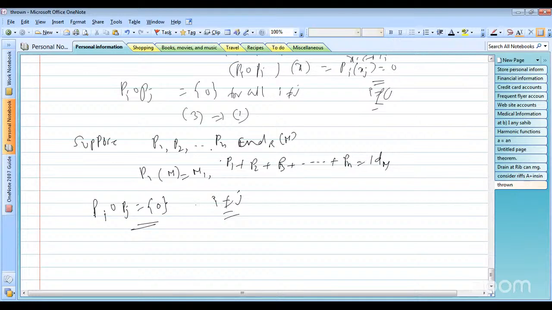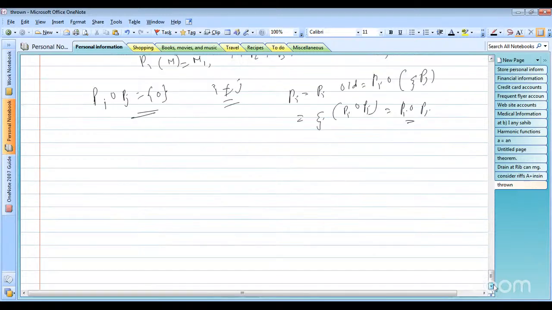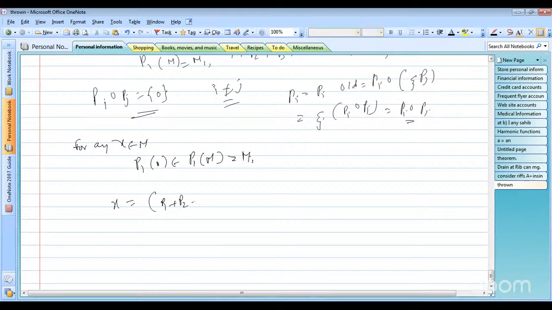First we know that for any i, Pi circle, that is the summation over j of Pi circle Pj, for any x belongs to M. Pi of x belongs to Pi of M, equal to Mi, that is x is equal to P1 plus P2 and so on plus Pn applied to x, so P1 x plus P2 x plus Pn of x belongs to M1 plus and so on plus Mn.